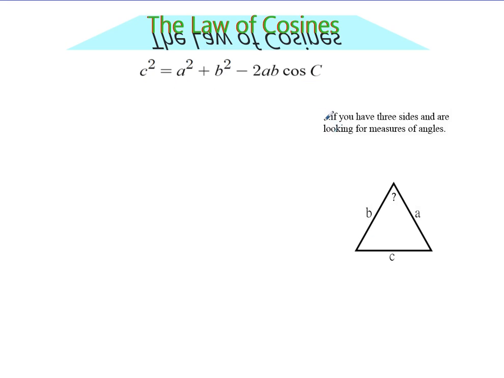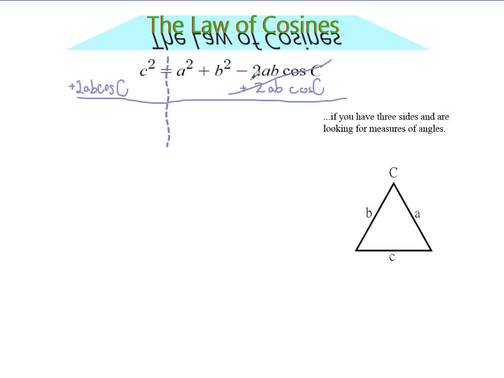All right, and if you have 3 sides and are looking for the measures of the angles, okay, I'm going to take out the question mark, put in a C, and then we're going to solve for the capital C. Right now that term was negative, so I added it to both sides, and now it is positive. I'm also going to take the c squared and subtract that on both sides, okay? Let's clean this up. We have 2ab cosine c is equal to a squared plus b squared minus c squared, okay?